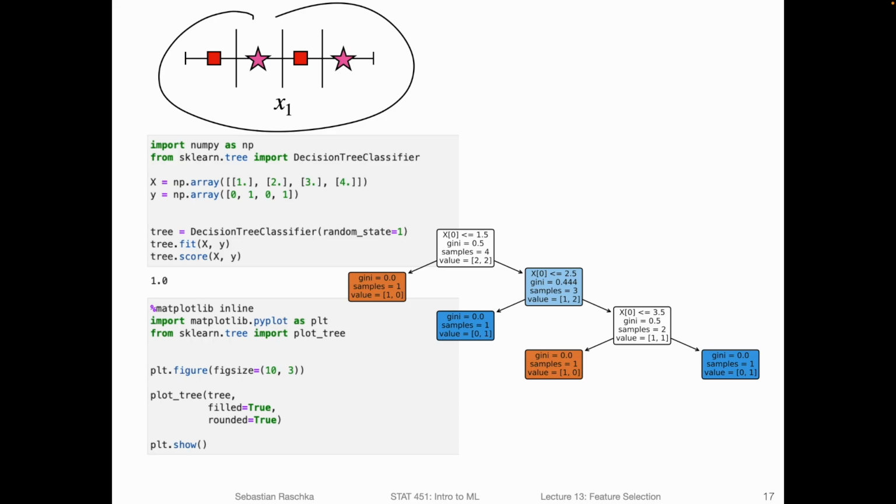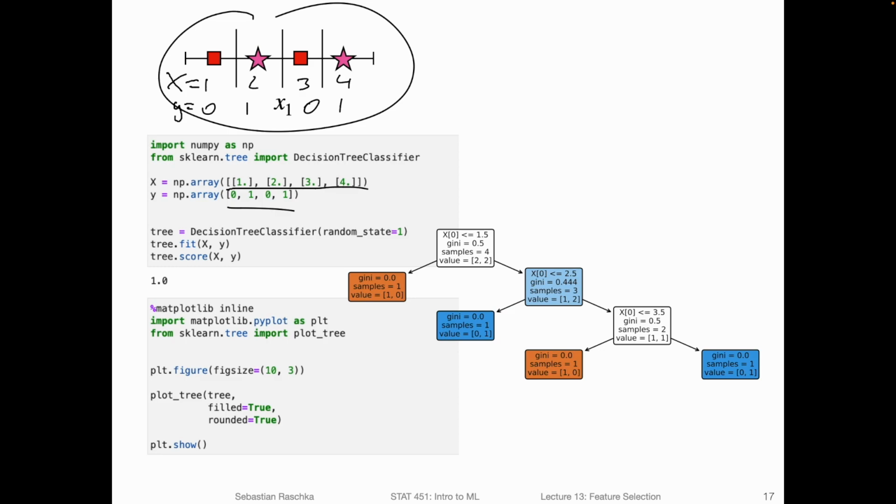That is a separate problem. But just for the sake of this example, assume we have the feature values 1, 2, 3, and 4, just some arbitrary feature values. And then we have the labels 0, 1, 0, 1, where this is my feature array and this is my label array.